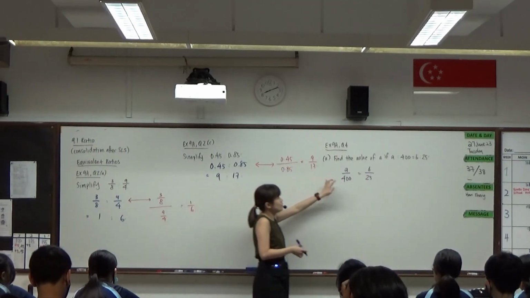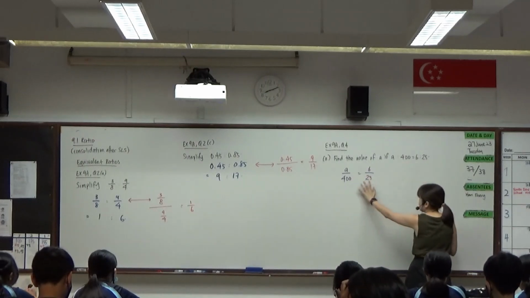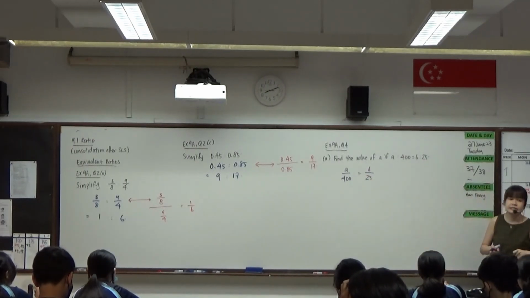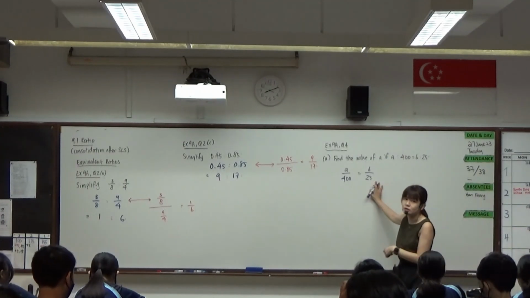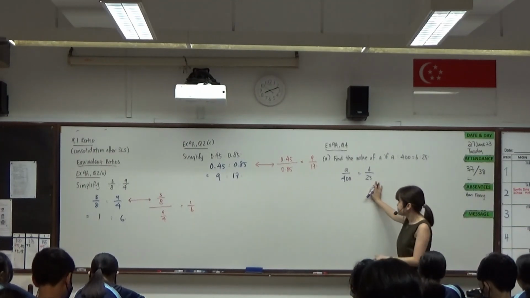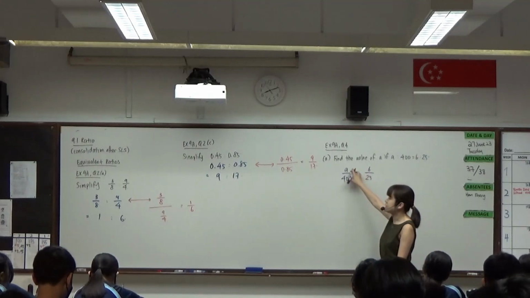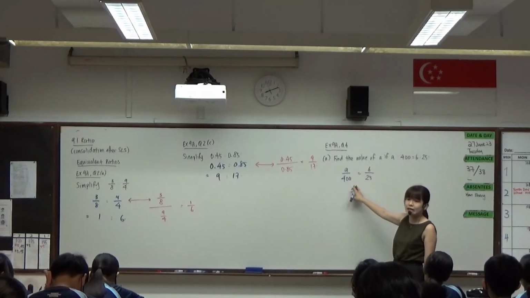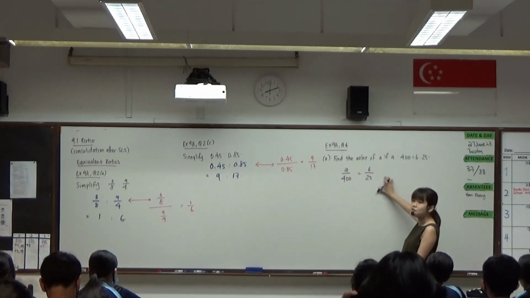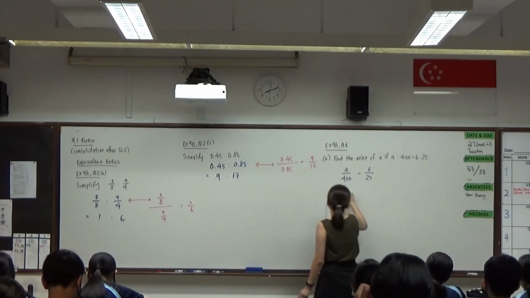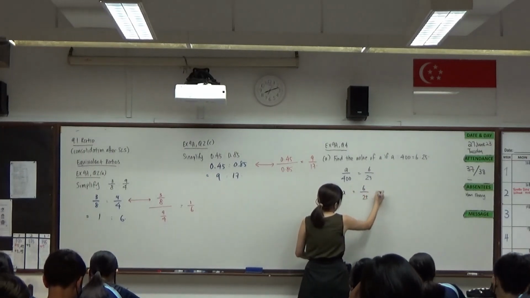So I can re-express the ratio form into a fraction form, seeing it as A over 400 equals 6 over 25. Then this is A divided by 400. In understanding how we solve equations, I can take 400 over to the right side by doing multiplication of 400.